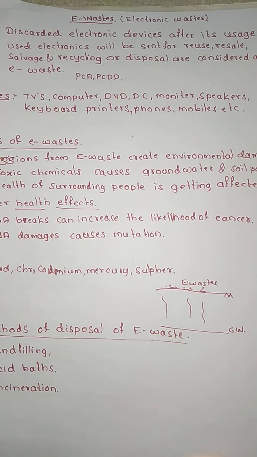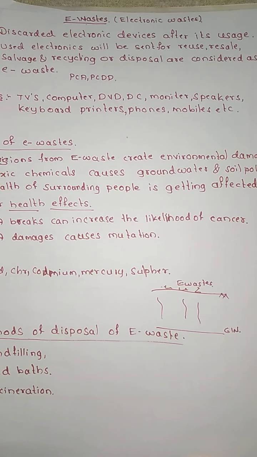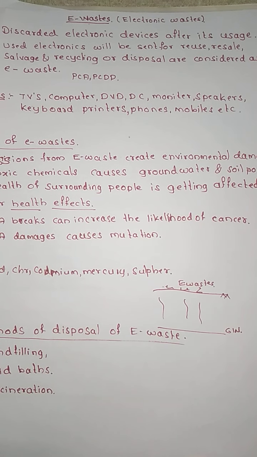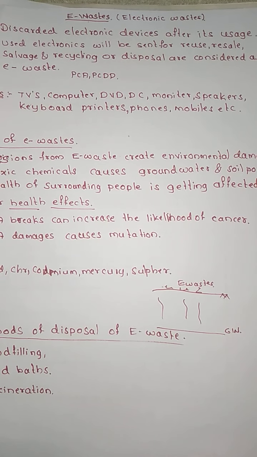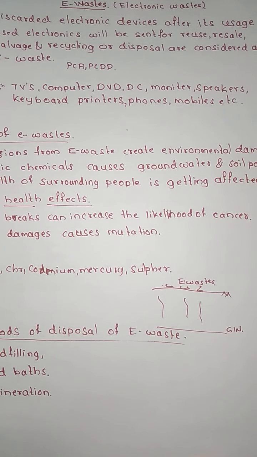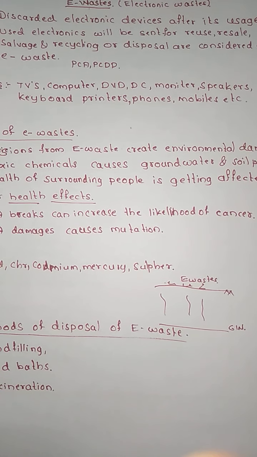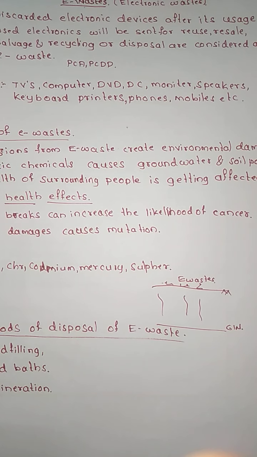So first we'll see what e-waste is. E-waste is the waste generated from electronic devices after their usage. After use, we throw them away. Such electronic waste, whatever we throw after usage, we call electronic waste or e-waste.